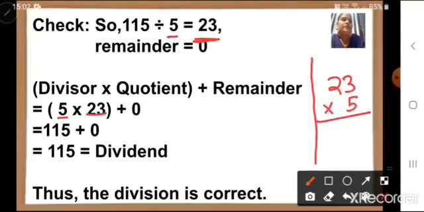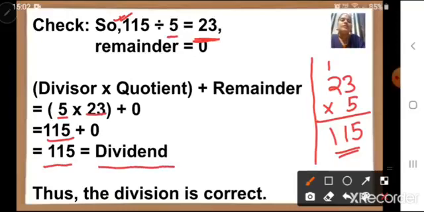Now 5 threes are 15, 5 twos are 10, plus 1 is 11. See children, we have got 115, which is our dividend, and plus 0, that means 115 only we will get as dividend. Thus the division is correct.